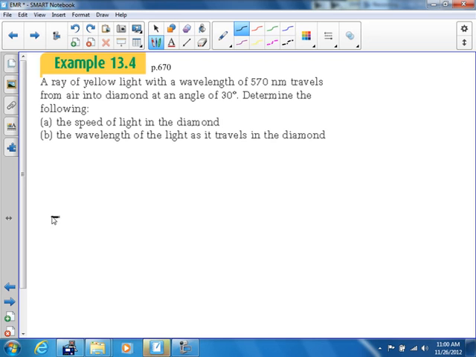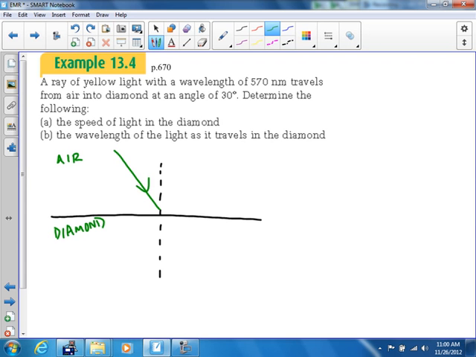It's probably a good idea to draw the diagram again here, although it's not critical. We're going from air up here to diamond down here. The ray of light is entering at 30 degrees.